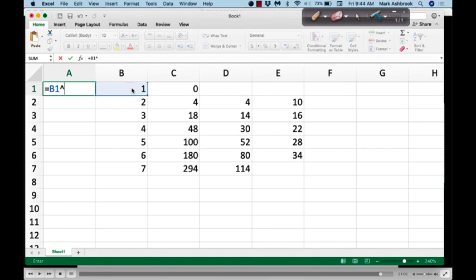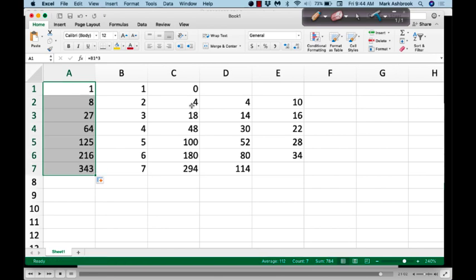There we go. And I'm going to take the cubes of all those numbers. And again, what are we interested in this? So now I've got the cube of my index, and then I've got 8. And 8 gives me 4, 27 gives me 18, 64, 48, 125 gives 100.